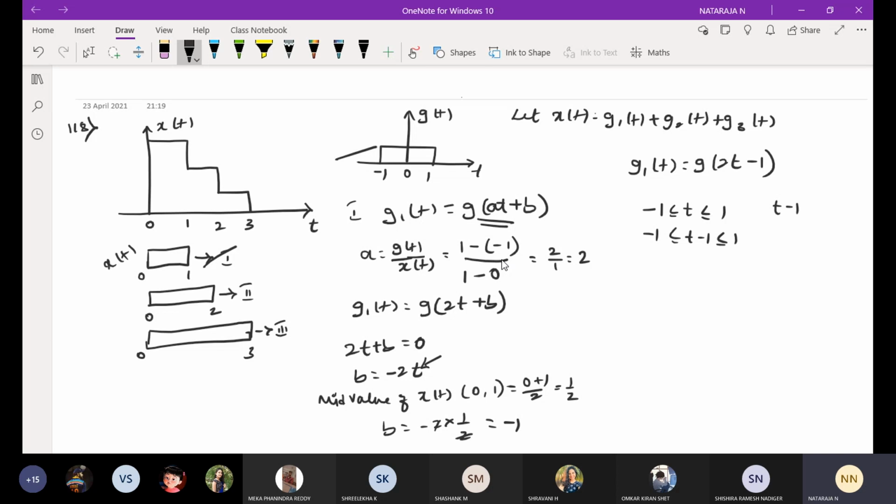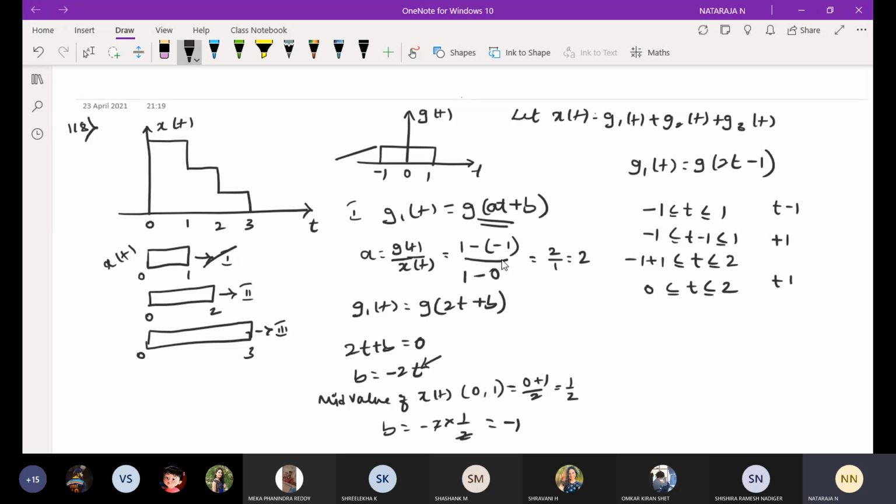Now I need to eliminate the minus 1 throughout the signal, so I will add 1: minus 1 plus 1 less than or equal to t less than or equal to 2, which gives 0 less than t less than 2.